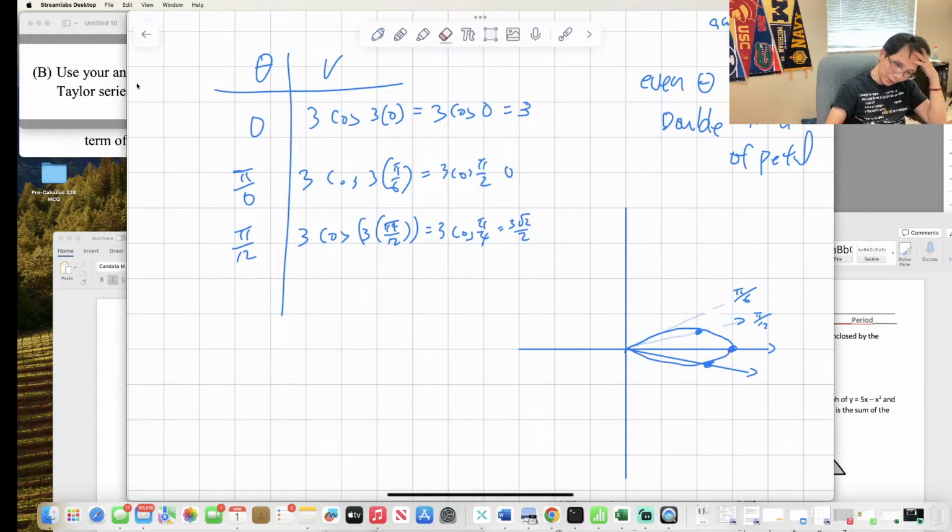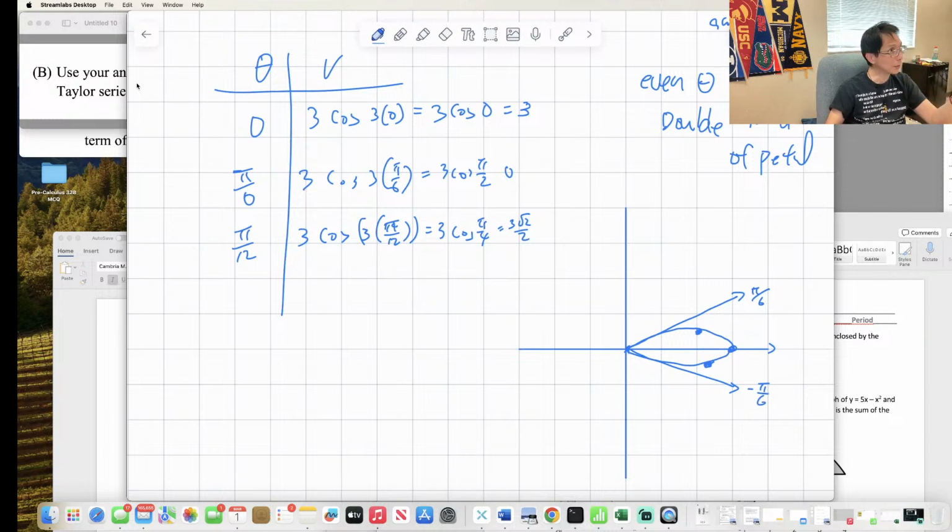Anyway, you can draw this out, and this becomes your petal between these two graphs, pi over 6 and negative pi over 6. That's going to give you one petal.